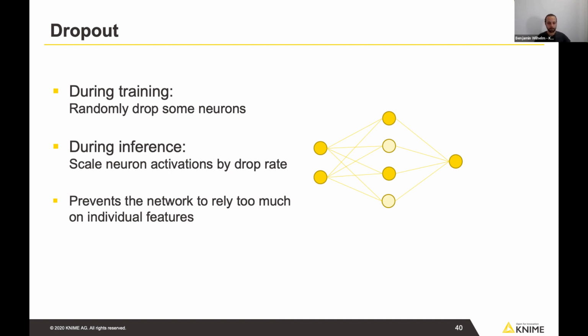This forces the network to rely more on multiple features and not on individual features, and this can also force the network to generalize better. During inference, all the neurons are active, but they are scaled.